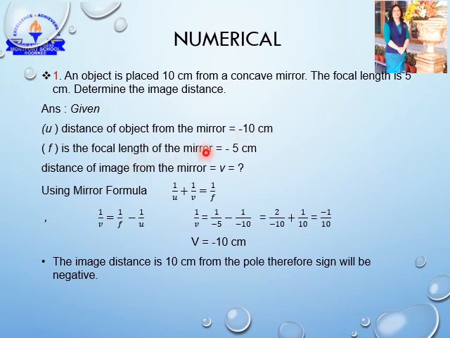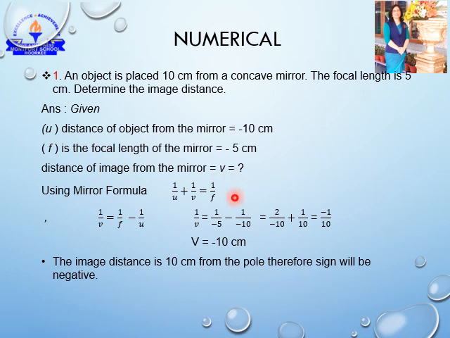Now, the focal length of the mirror is given as 5 cm. In the case of a concave mirror, to start with the focal length, we have to start from the pole. So from the pole towards the focus, the focal length will be taken as negative. The distance of the image we need to find out, that is, the value of v is required here.